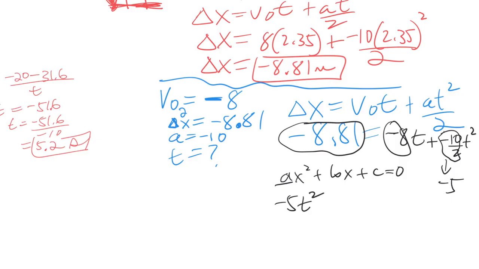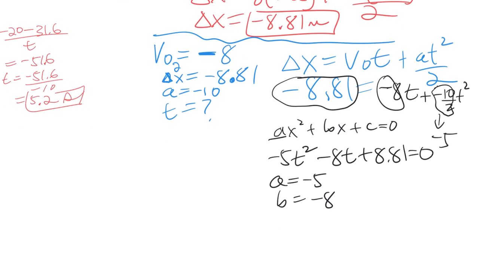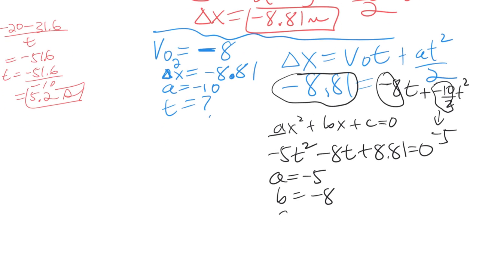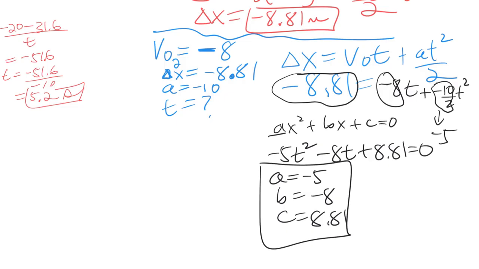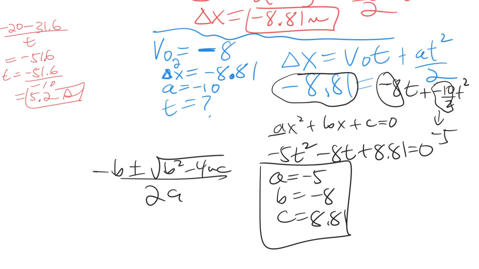So negative 5t squared minus 8t plus 8.81 equals 0. So I just put this in the quadratic form. So a equals negative 5, b equals negative 8, and c is 8.81. I'm going to use negative b plus or minus square root b squared minus 4ac over 2a. But you know what? I'm going to be the lazy guy and use my calculator.